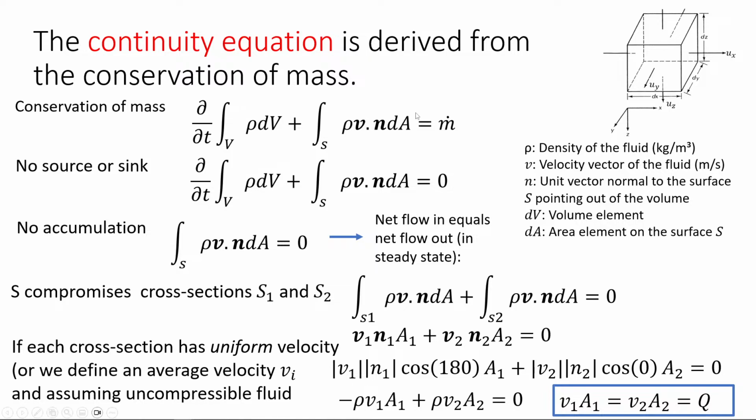So we have seen that if there is no sink or source term, you don't have any rate of change in mass. That would be equal to zero if there is no accumulation, basically net inflow is equal to net outflow, so that's a steady state.